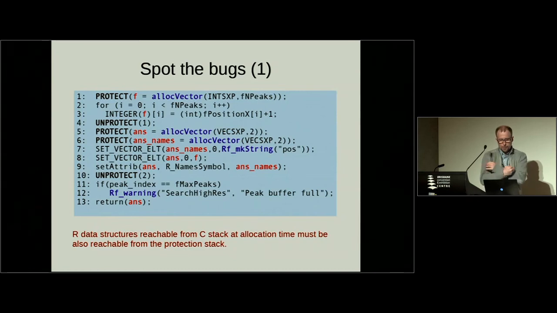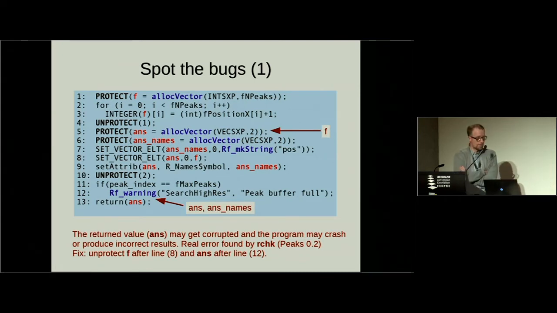So this is a more complicated example, or slightly more. In this example, we can see that the author already used protect and unprotect. That's a good step, but not quite enough, right? If you look at line 5, we are allocating a vector at line 5, so the garbage collector may run, but what about F?